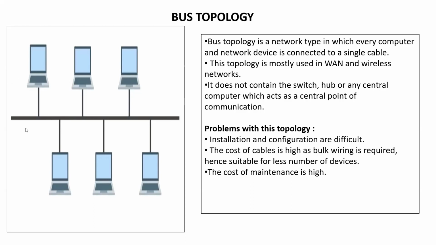The number of cables required is only one, which is called a backbone cable, and these are called the drop lines for the devices. So one cable is sufficient, and the different drop lines we can use for connecting the number of devices. So obviously through this our cost or money will be saved.